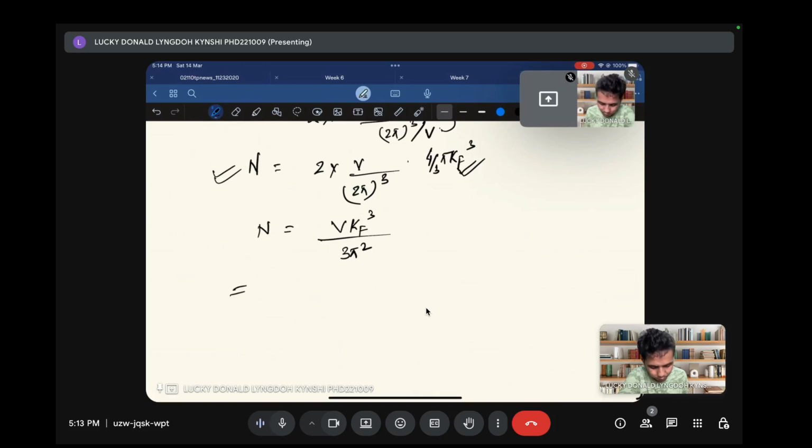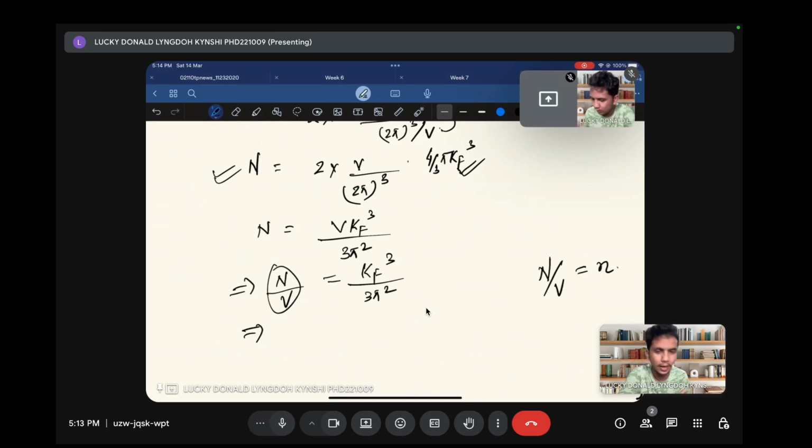Now N divided by V equal to kf cubed by 3 pi square. N by V is the number of particles per unit volume, which we can represent by small n. So we get n equal to kf cubed by 3 pi square.